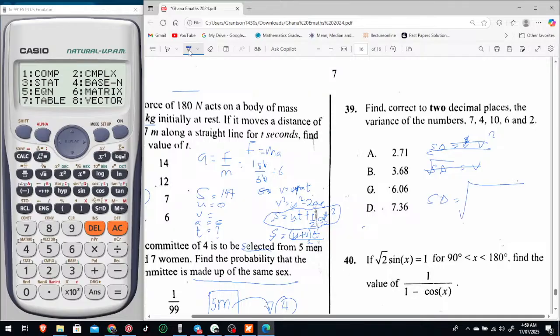The square root of the mean of the x squares minus the square of the mean, right? So everything here is a variance. So my standard deviation squared will give you the variance. Are you okay?